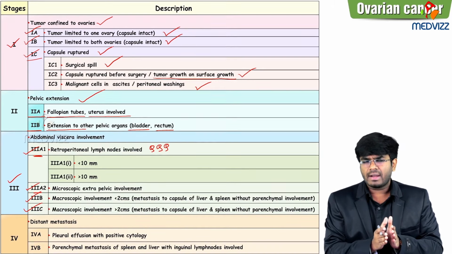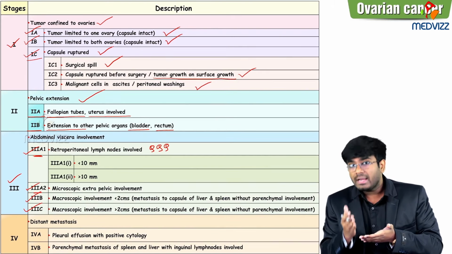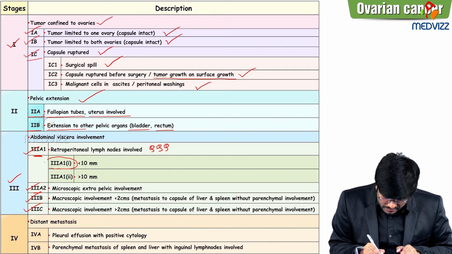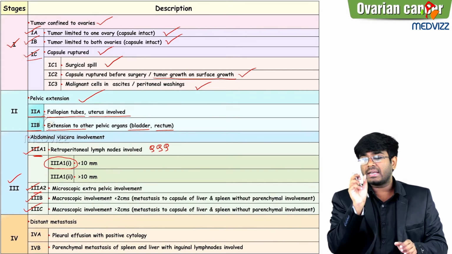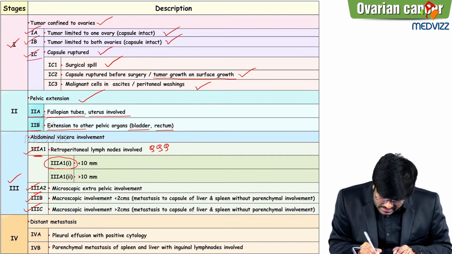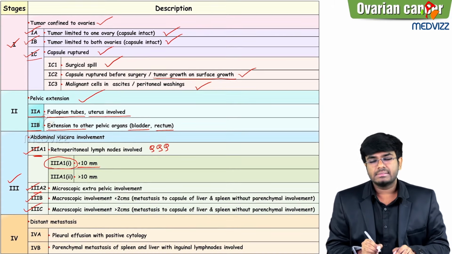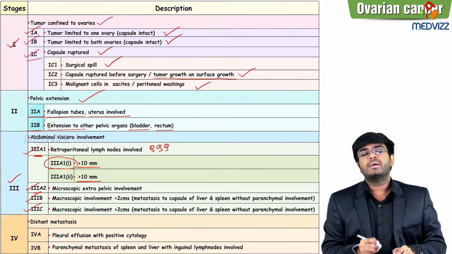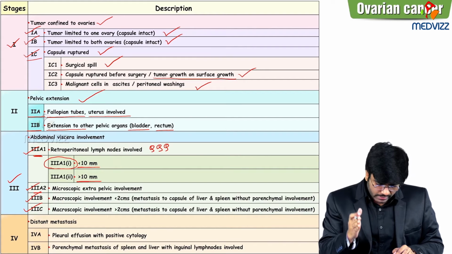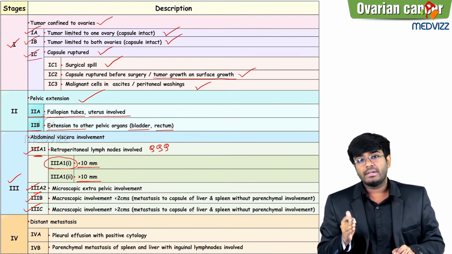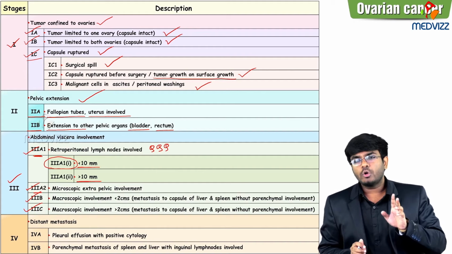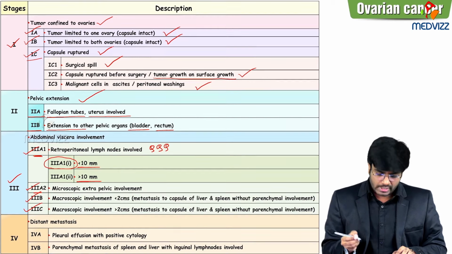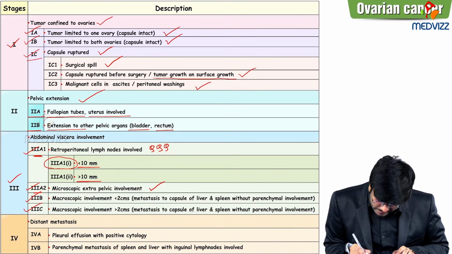Again, this 3A1 was further divided into 3A11 and 3A12. In 3A11, the retroperitoneal lymph node metastasis, or the retroperitoneal lymph nodes, are less than 10 mm in size. If the size is more than 10 mm, it becomes 3A12. Okay, 3A12, it's more than 10 mm. So, retroperitoneal lymph node involvement, stage 3A1. Now, in stage 3A2, there is a microscopic extrapelvic involvement.